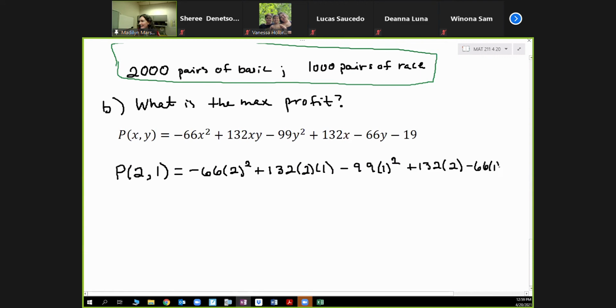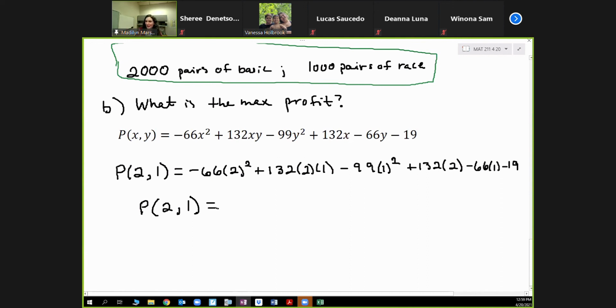This is long. We're taking our X and our Y from the critical point at which we discovered there was a maximum. If we plug that all in, we will get our profit. I got 80.